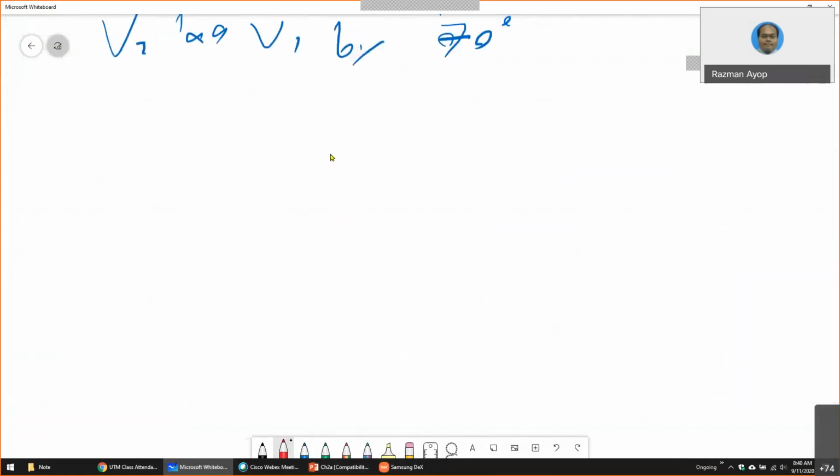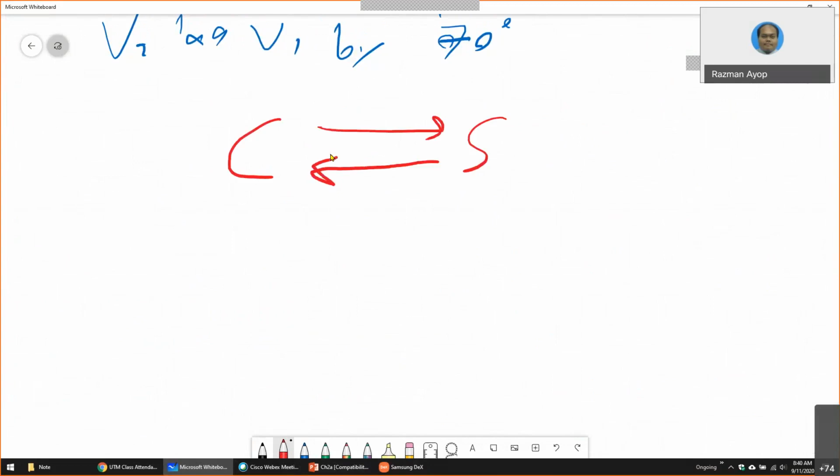Remember the tip: you have cos and sin. Cos to sin is plus, sin to cos is minus. C to S is increasing, so just plus. And S to C is reducing, so just minus.